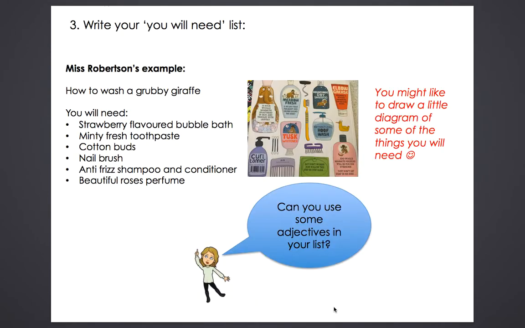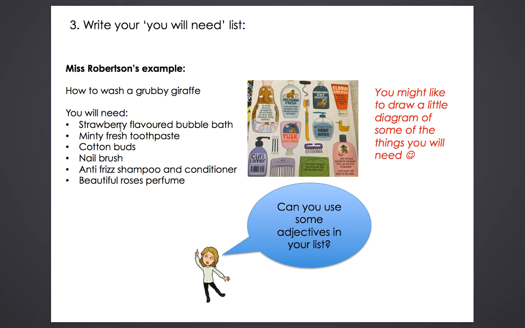Brilliant. Okay, next you're going to write your you will need list. So remember, that's just a short list that tells you exactly what things you need to get before you read the rest of the instructions. Okay, so remember I talked about this yesterday, like the bubble bath, the cotton buds, the anti-frizz shampoo, and the beautiful roses perfume.